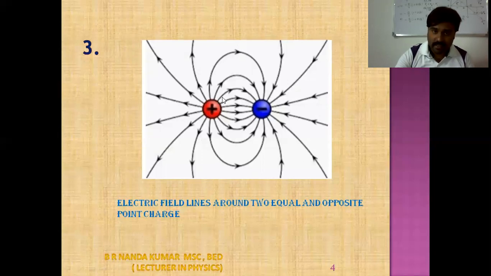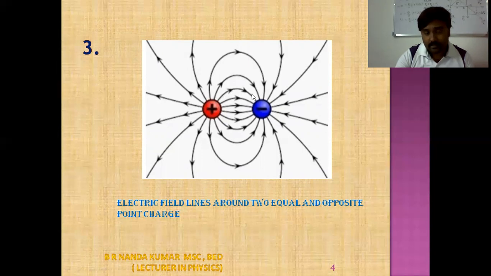So this is an imaginary line. A unit positive test charge plus Q naught is placed on this line. Due to this positive charge, what happens? Plus Q naught will experience a repulsive force. That is why the electric field line starts from the positive point charge.